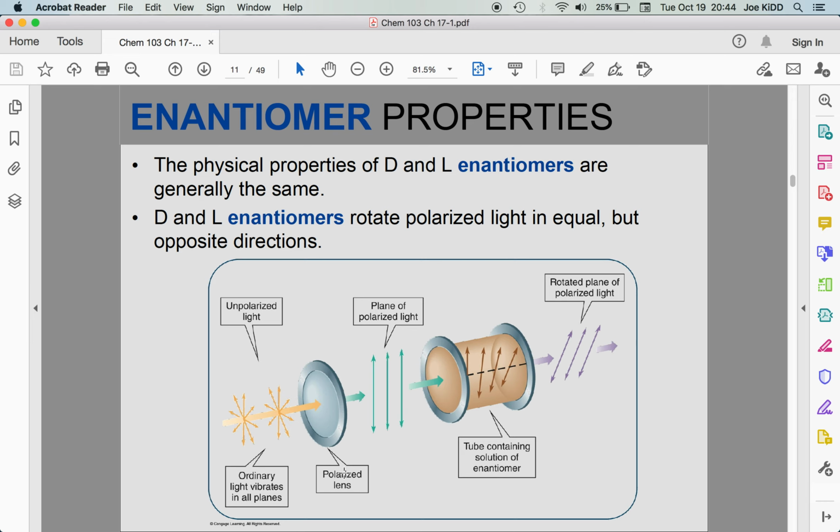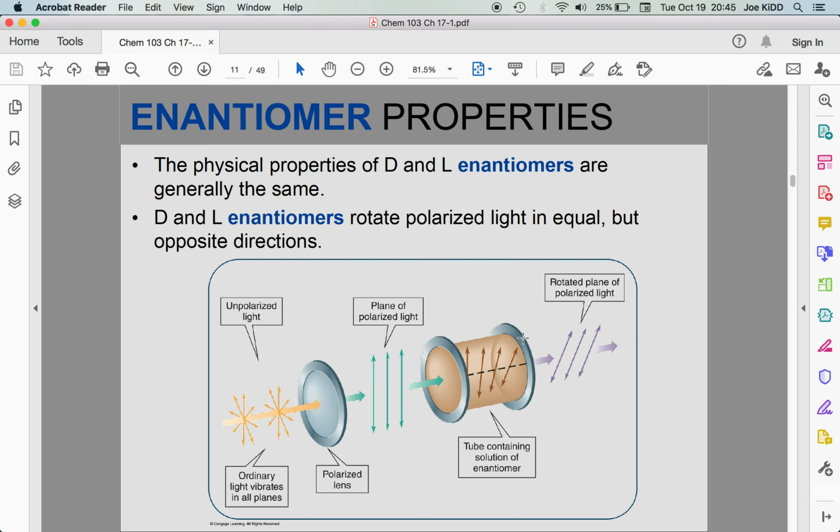For example, even sunglasses are often polarized, which means the light that passes through the lens is all now going in the same direction. And if we were to put it through a solution of the D enantiomer, it would rotate the light one way. The L enantiomer would rotate it the opposite way.